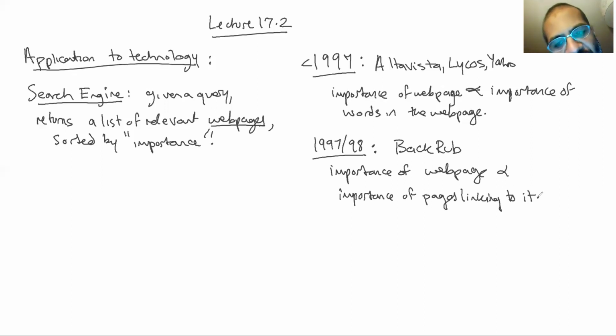And this is a very different idea. It's saying that importance is not intrinsically defined. It's a function of just the structure of the links on the internet, and it's somehow recursively defined.